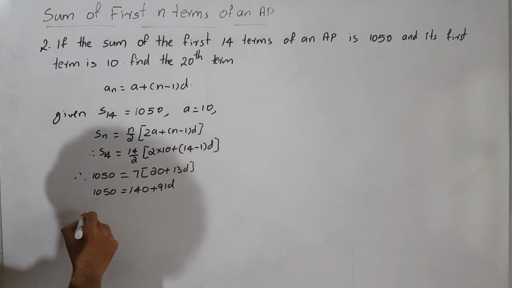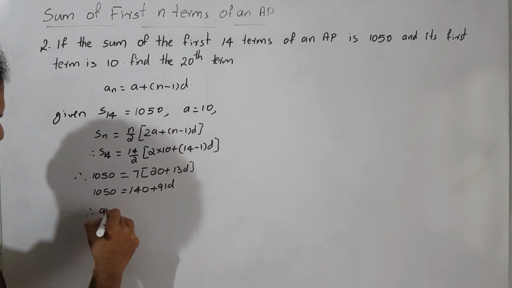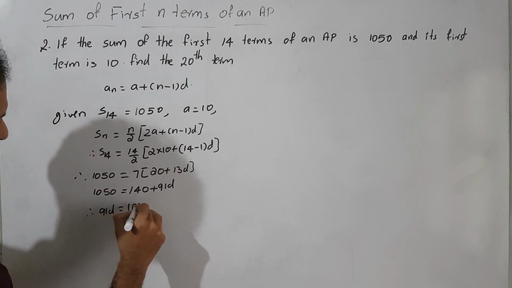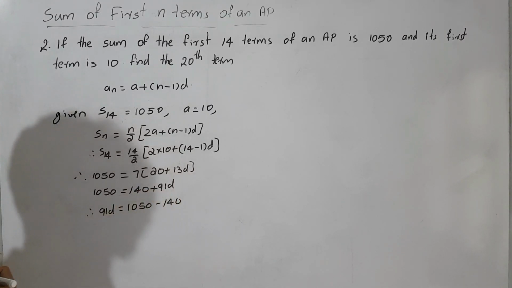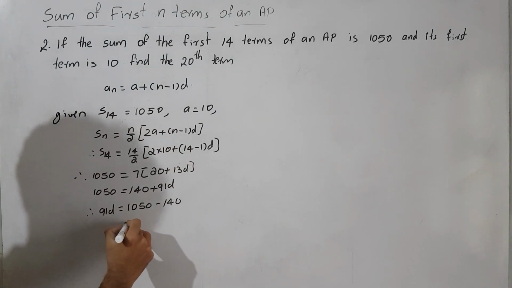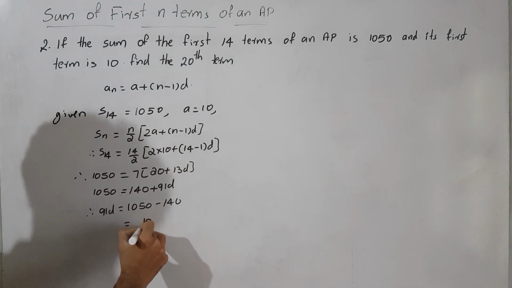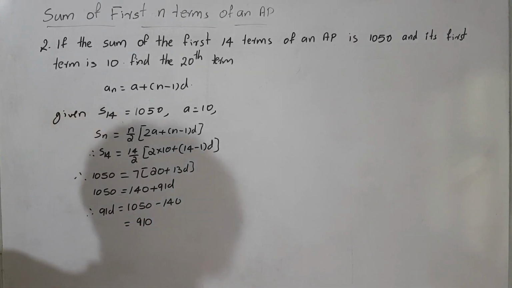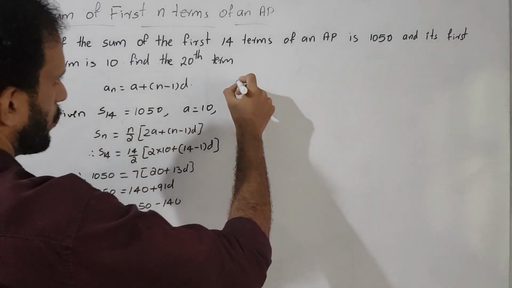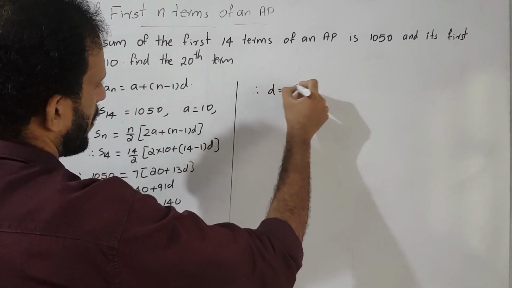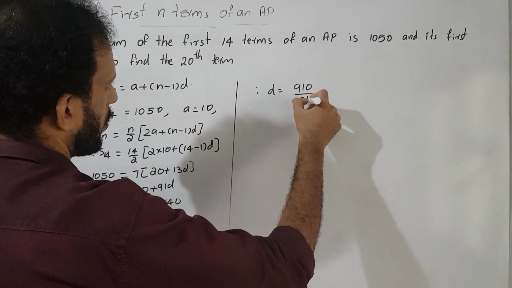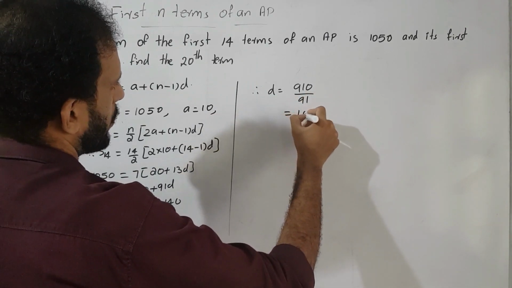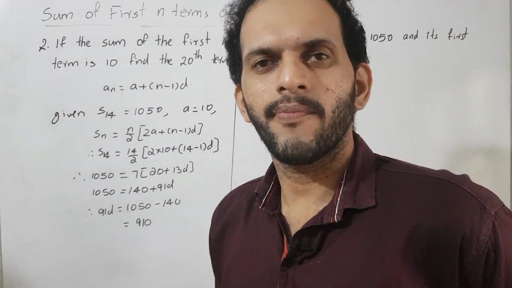Therefore 91d is equal to 1050 minus 140, which is 910. Therefore d is equal to 910 divided by 91, which is 10. Now we got the value of d.